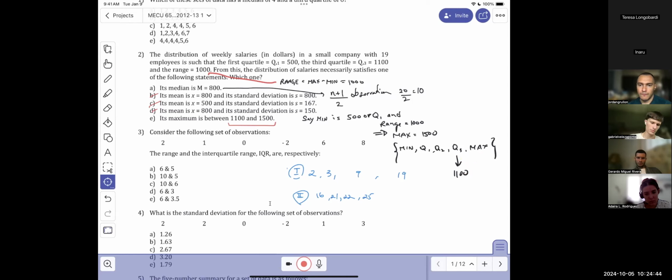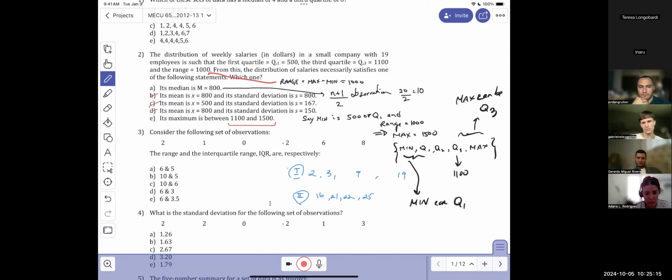So I'm saying two things: the max can be Q3, but also the min can be Q1.